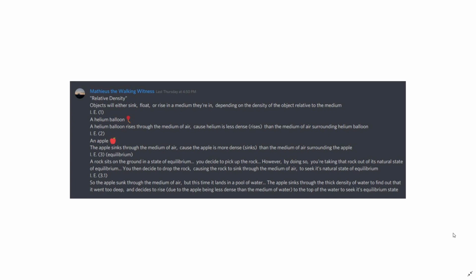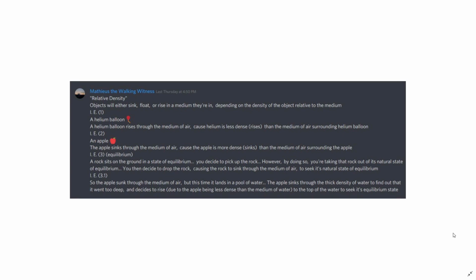It probably should be EG, but an apple. An apple sinks through the medium of air because the apple is more dense, sinks, than the medium of the air surrounding the apple, i.e.